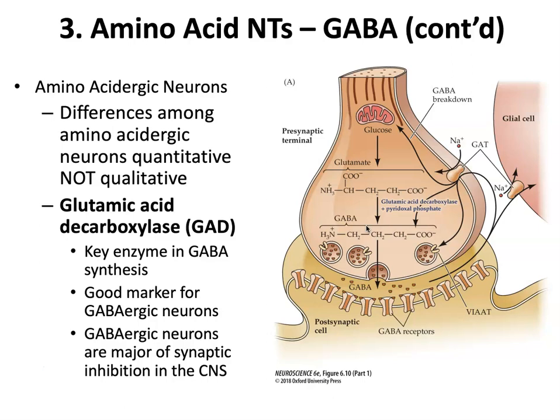So the absence of vitamin B6 greatly reduced GABA content in the brain of these developing infants, and that caused seizures that ultimately were fatal in many of the cases.